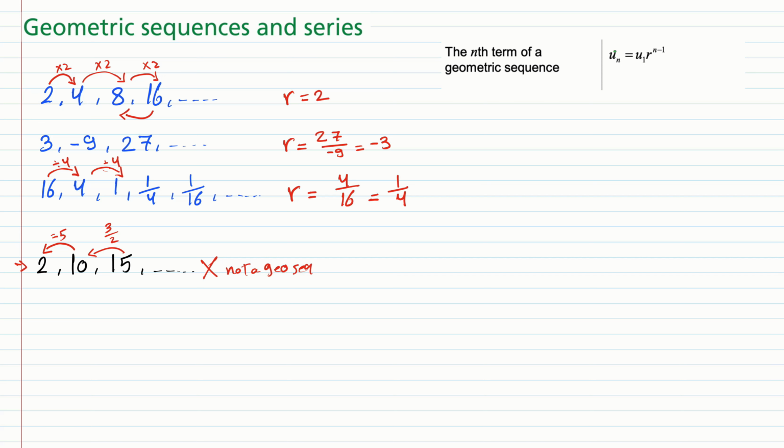A geometric sequence is defined by the rule you can see on the left, and this rule is available in the data booklet. Un is the value of the nth term.